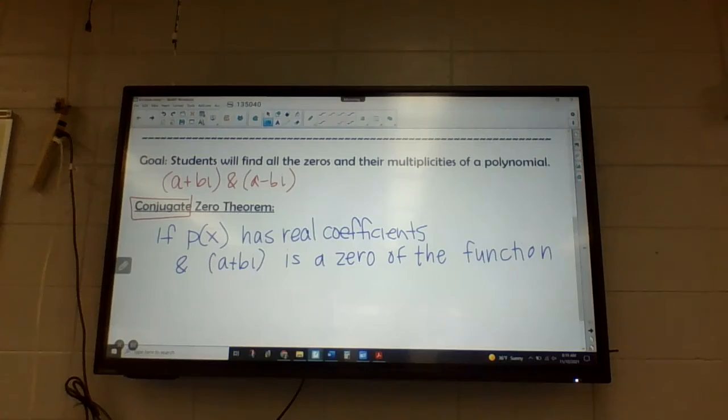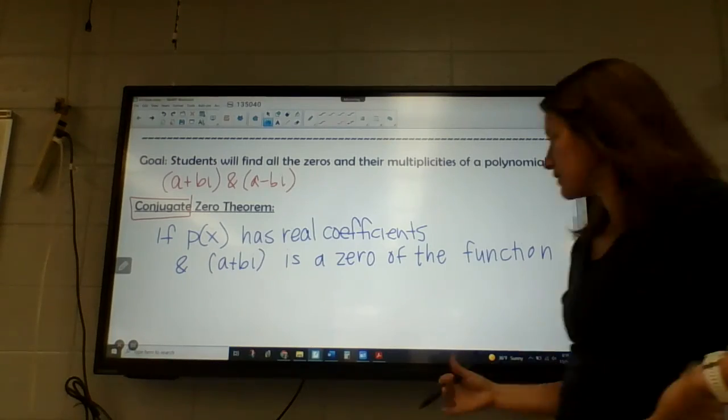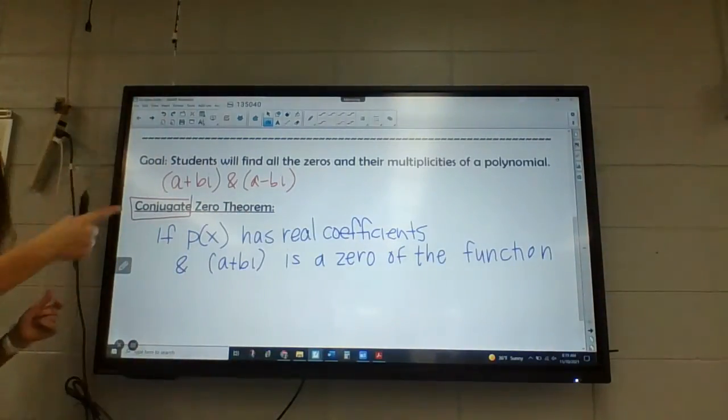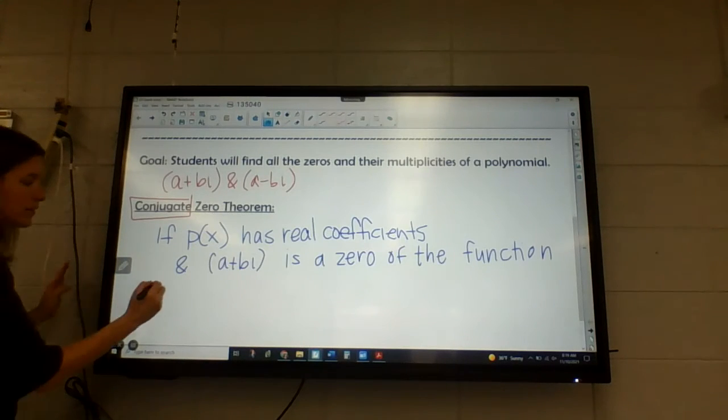If the imaginary number is a zero, then its conjugate is also going to be a zero.